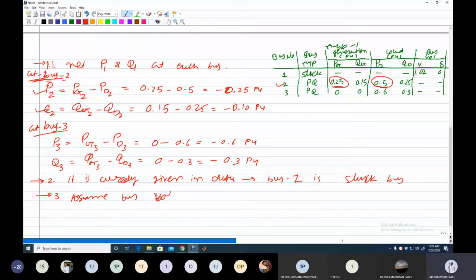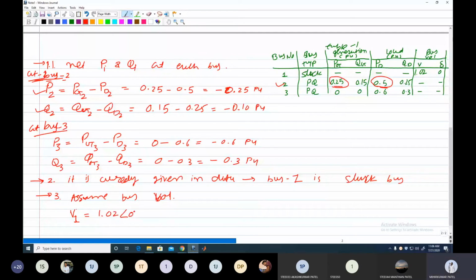For the slack bus, it is given. What is the value of voltage at the slack bus from table number 1? You can write voltage at bus number 1 is 1.02 with angle 0 degree. Clear?